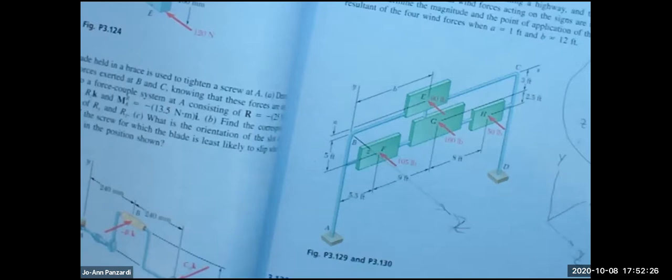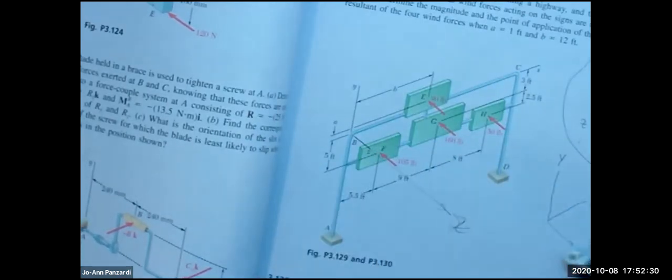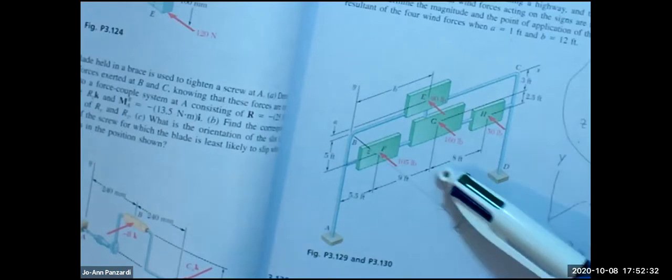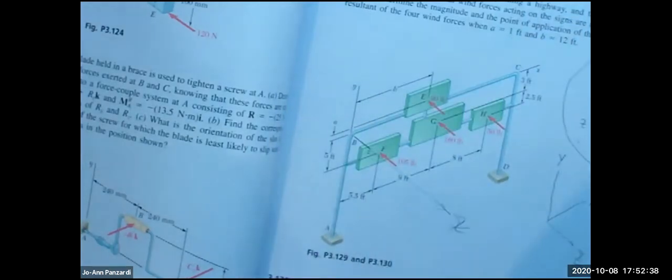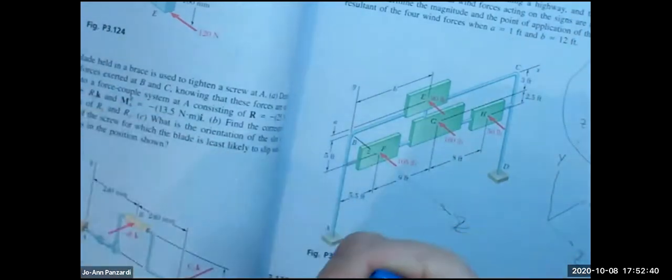Think of it in terms of you're on the freeway, driving on a highway going underneath all these signs, and the x-axis is positive to the right and the y-axis is positive up and the z-axis is coming out at you. That's why they oriented it like this.